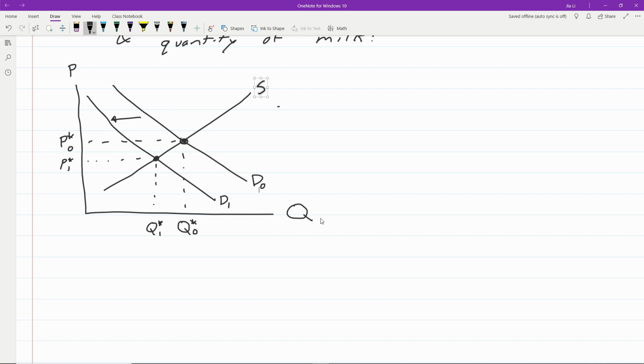Okay, so here off to the side, just for my own personal notes to make it a little bit easier to see, I note that price has decreased, because it started off at a high level and went down to a lower level. So equilibrium price saw a decrease, and equilibrium quantity likewise also saw a decrease, from Q0 down to Q1.